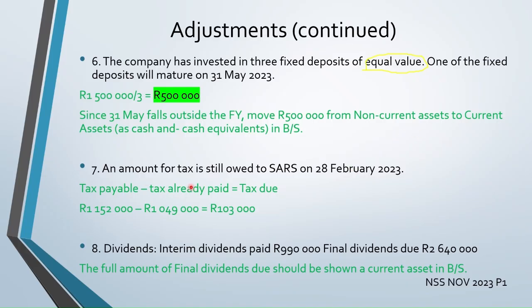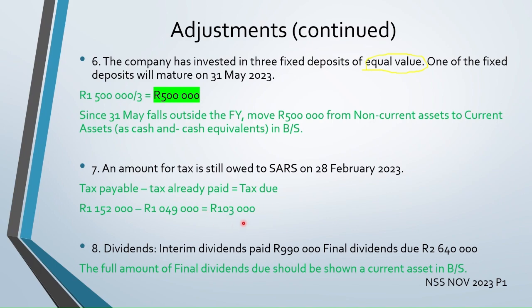Okay, then an amount for tax is still owed to SARS on 28 February 2023. So the tax payable, this amount is given, it's shown in the income statement. But tax already paid is this amount given in the extra information, equals your tax due, the 103,000.